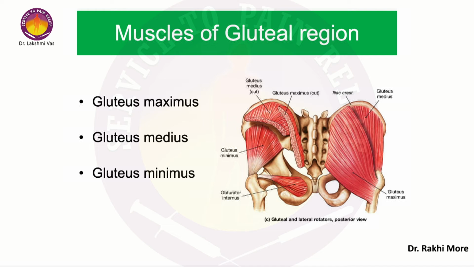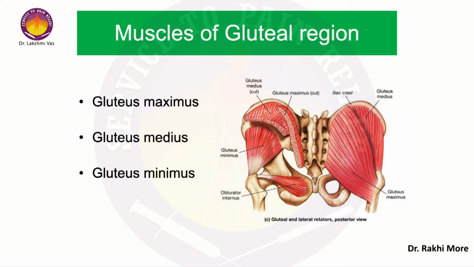gluteus maximus. It takes origin from the outer aspect of the posterior part of the iliac crest. Origin again continues on the lateral aspect of the lower part of the sacrum and on the sacrotuberous ligament. Also it takes origin on the gluteal surface behind the posterior gluteal line, so behind the attachment of the gluteus medius.